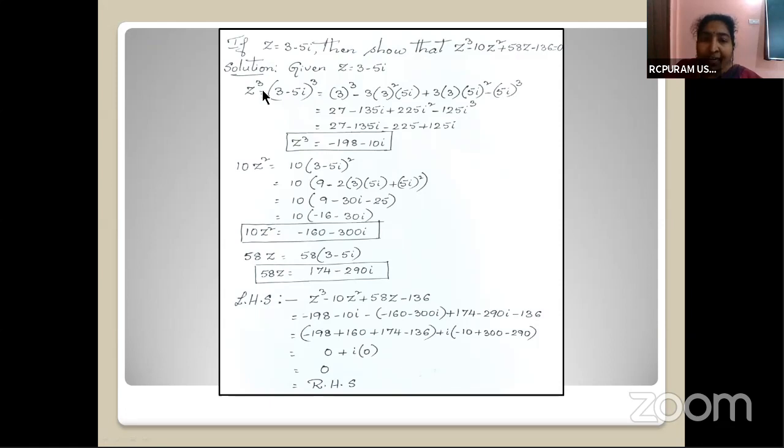But only thing is, if you go by this method, you can avoid mistakes. I have taken z cube separately, then 10z square separately, then 58z separately, and then we have substituted this. You can take the screenshot of this problem also, children.